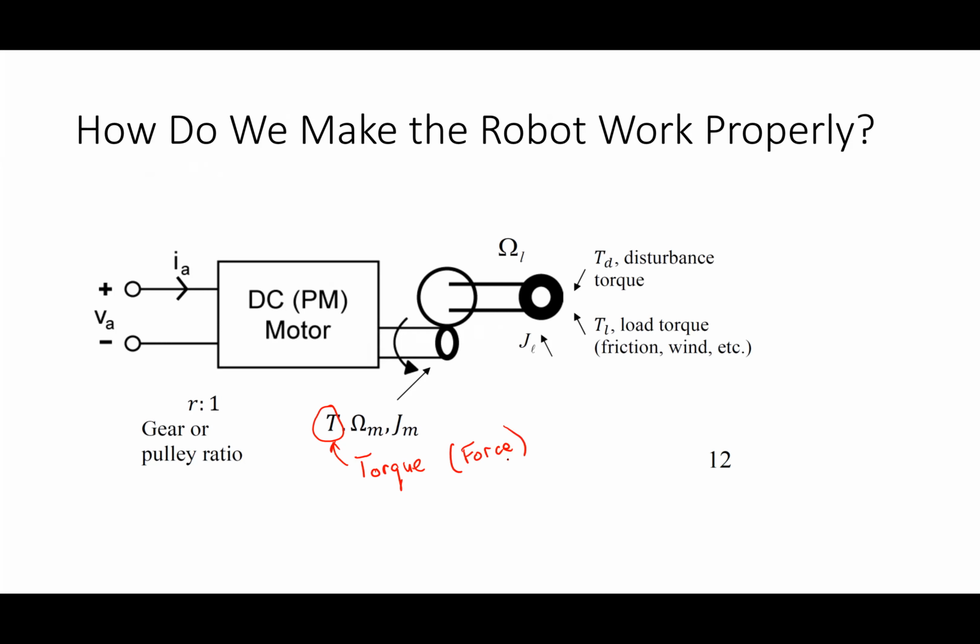So if I want to figure out the relationship between force and speed, what would it be? Force causes acceleration through F equals ma, and then that acceleration causes speed or velocity. That is exactly what I was looking for.